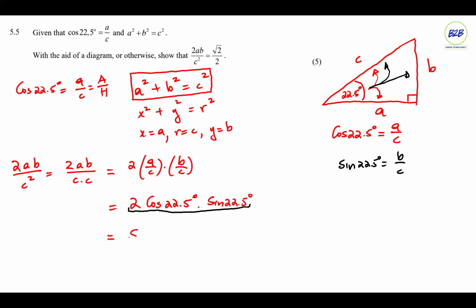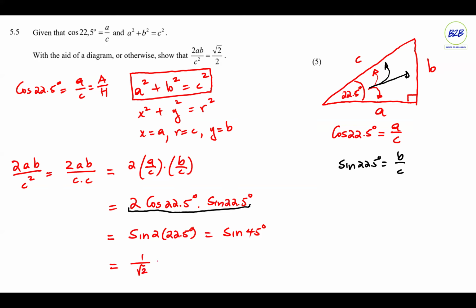So to take it back now to the double angle, we will have sine 2 times what? 22,5 degrees. And what is that? Sine 2 times 22,5 degrees shall become sine 45 degrees, which is equal to 1 over root 2.